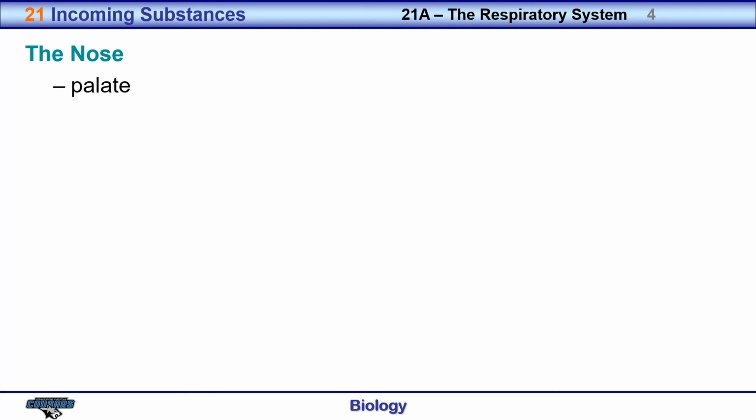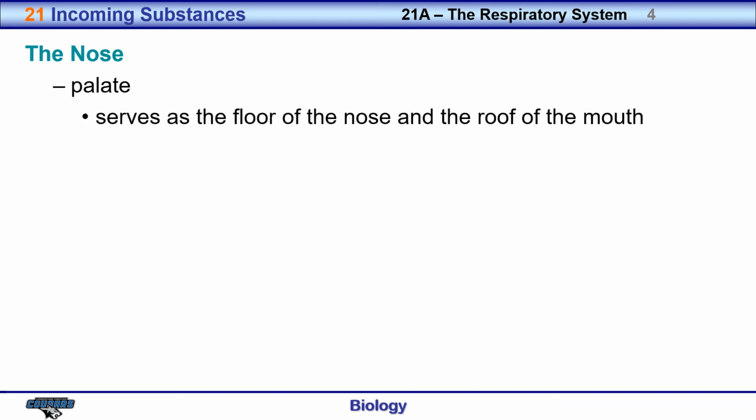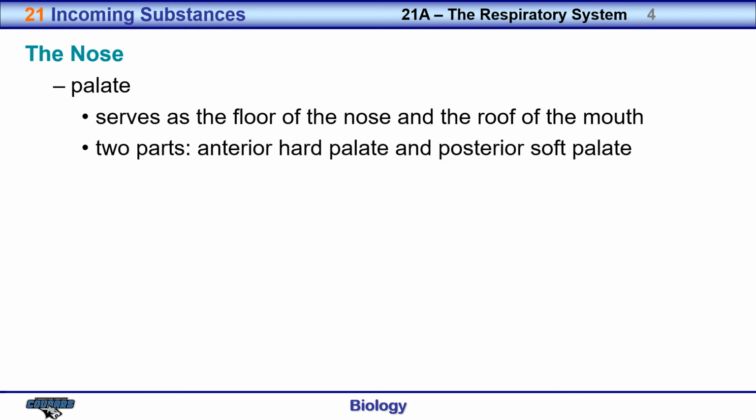The nose has a palate, which serves as the floor for the nose, and it serves as the roof of your mouth. And it has two main parts: the anterior hard palate, that's the part toward the front.